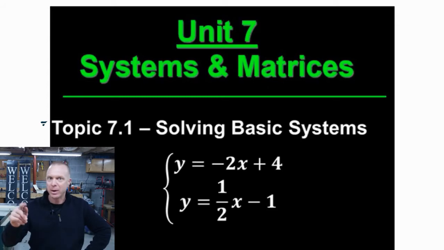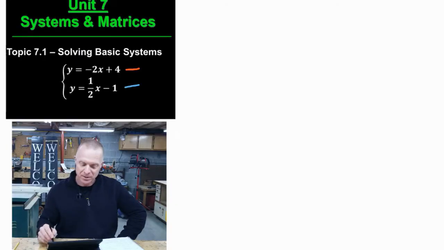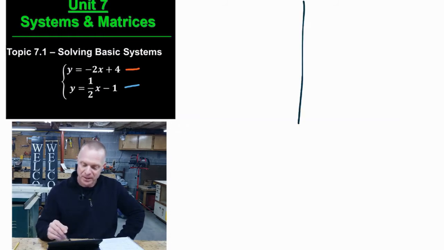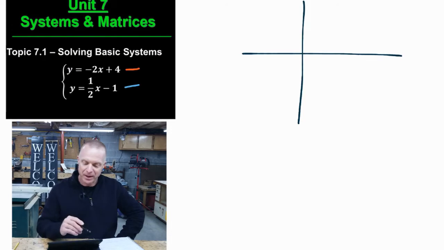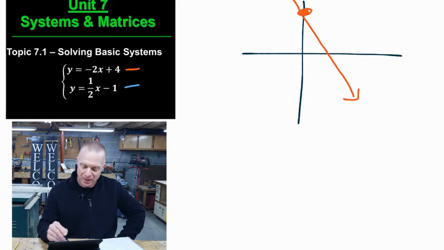And I just want to take a quick moment to review that technically we're looking here at the line y equals negative 2x plus 4 and the line y equals 1/2 x minus 1. Now, if we were going to use a graphing method on this, we could very simply draw a line that has a y-intercept of 4, which is not too hard to do, and a slope of negative 2. I think that we have a pretty good sketch of negative 2x plus 4.